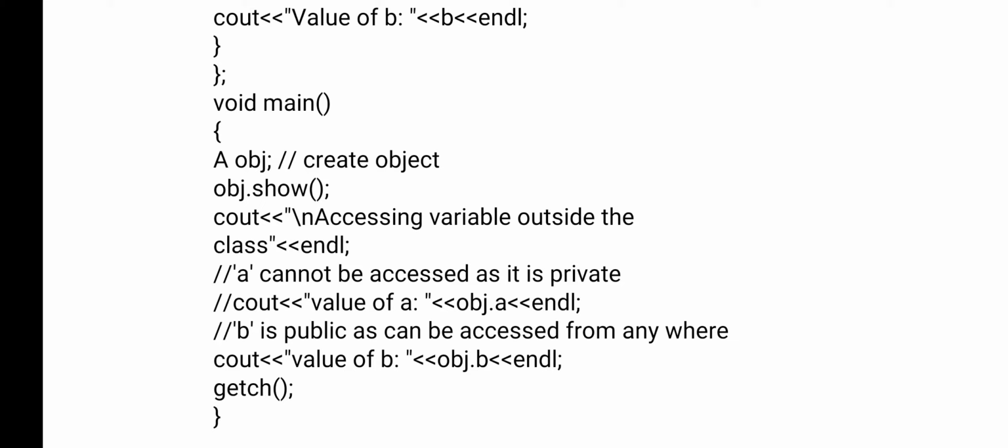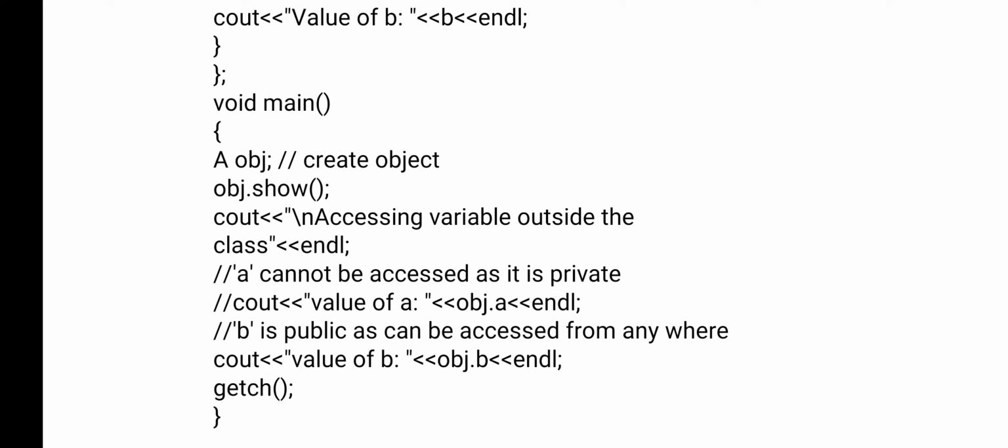Now I want to access private members outside the class. The main method is outside the class only. When you give the semicolon, the class will end. So after closing the class, in the main function, I want to use a private variable.